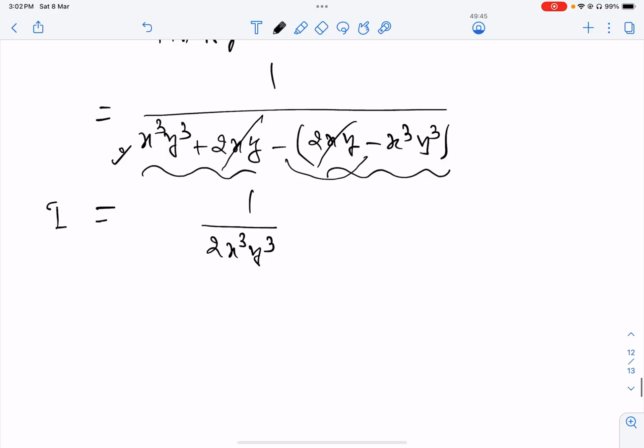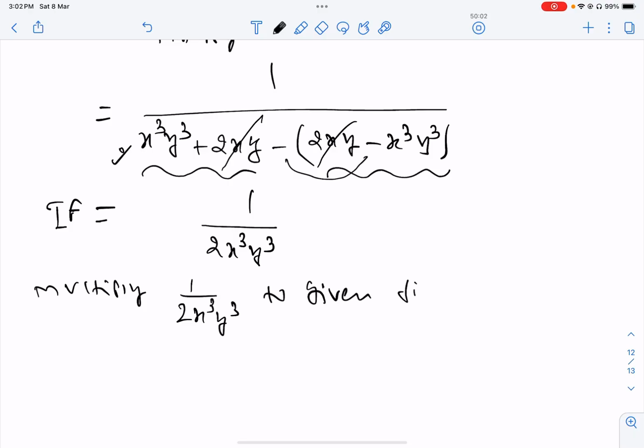Now this is the integrating factor, so multiply this integrating factor to our equation. So multiply 1 upon 2 x cube y cube to the given differential equation.